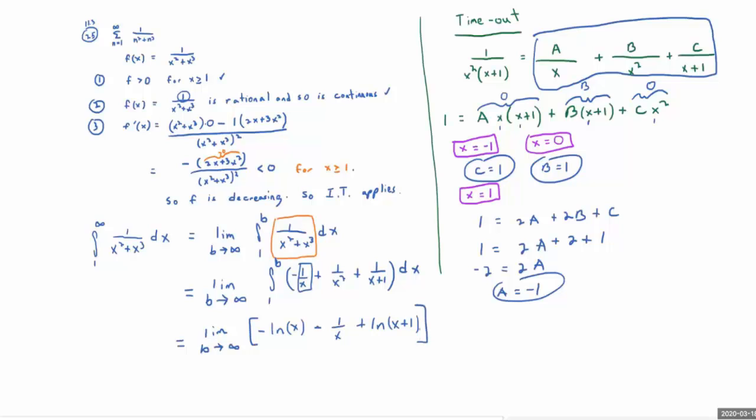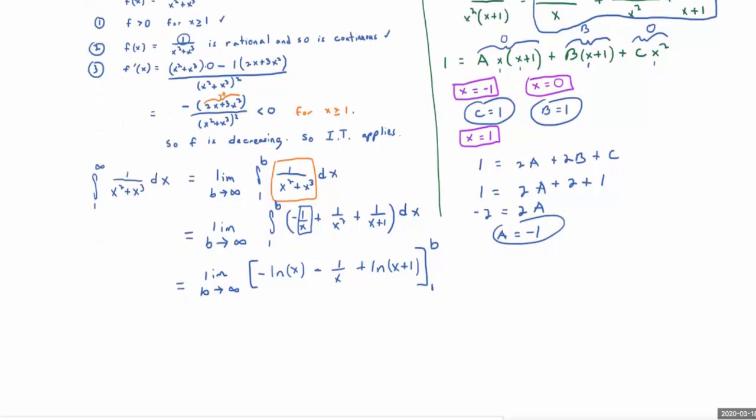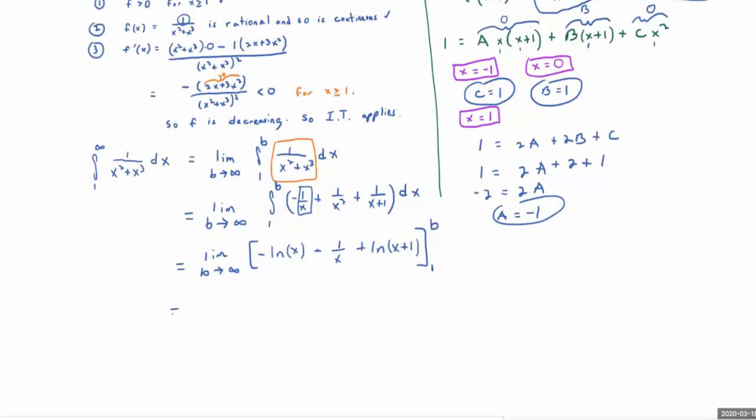Okay. Before we evaluate the limit, we have to evaluate this from 1 to b. So we get the limit as b goes to infinity.